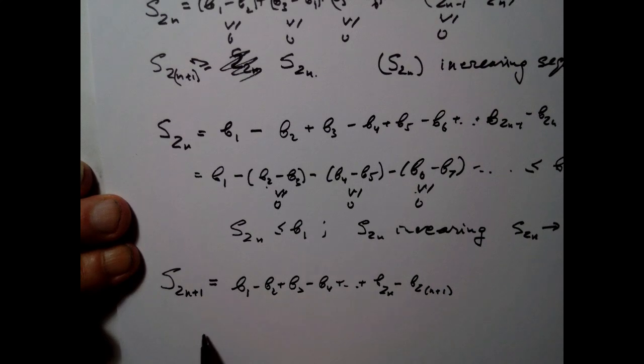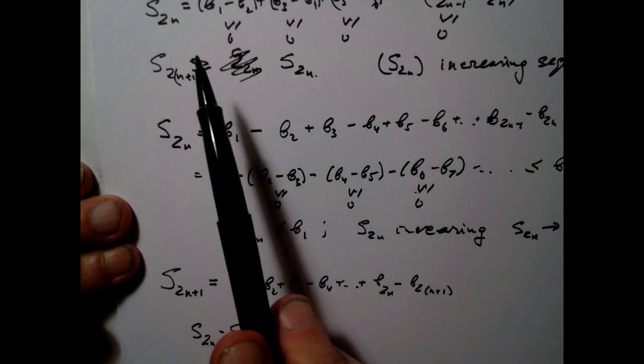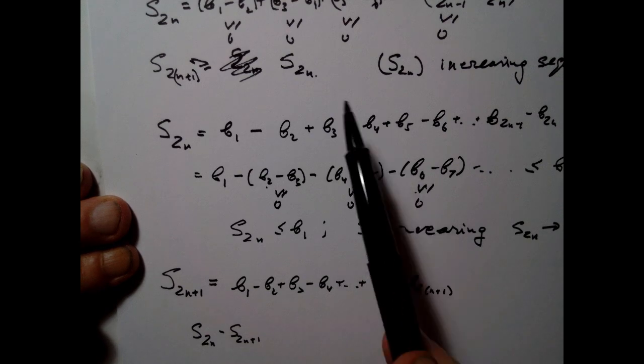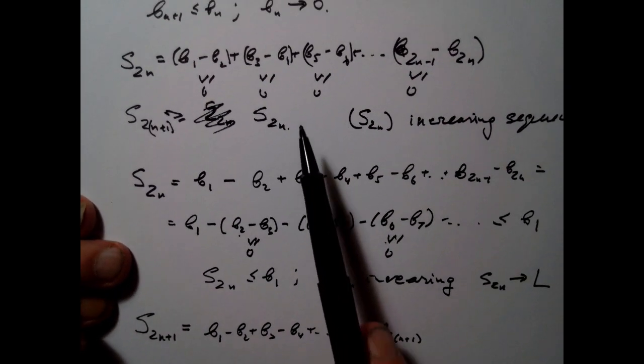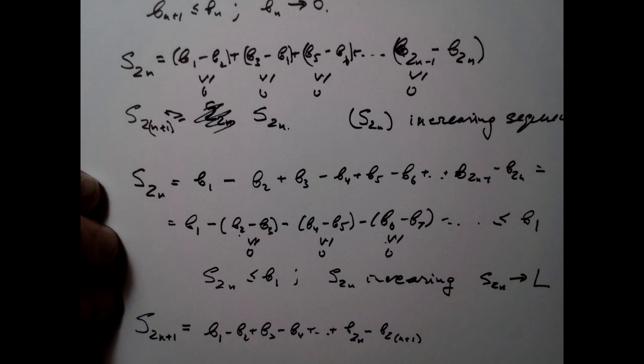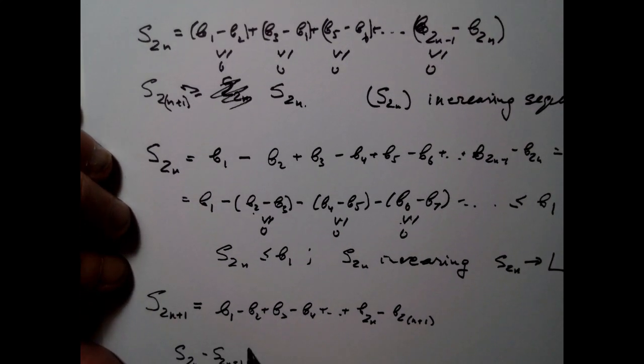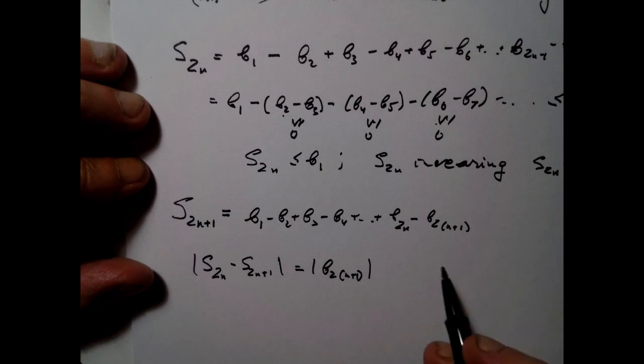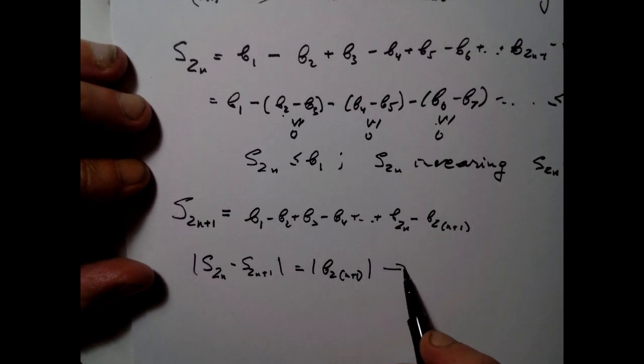And so if I look at the difference between S2n minus S2n plus 1, so if I subtract these numbers from these numbers over here, what I will have left is just one number, and this is the number b2n plus 1. So what is the conclusion from here? The conclusion is that b2n plus 1 tends to 0 as n tends to infinity.